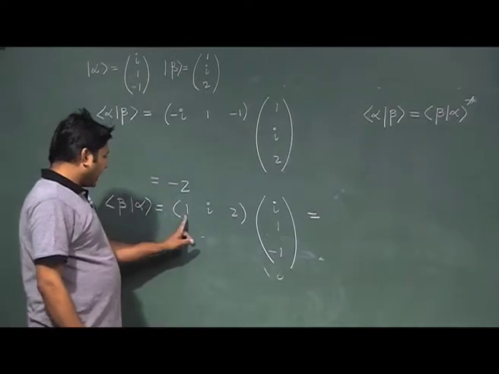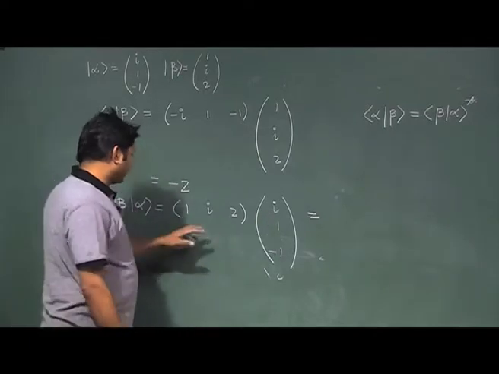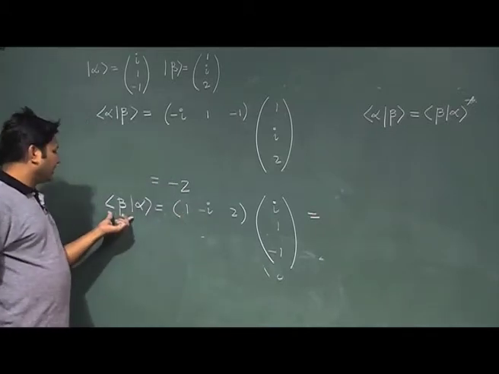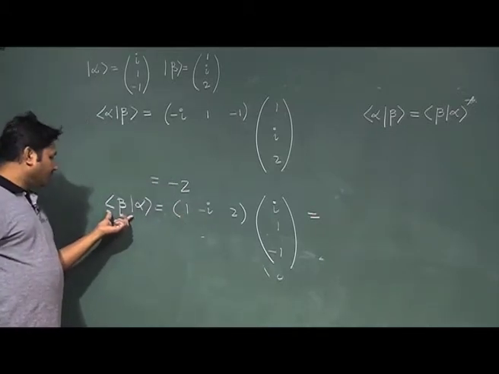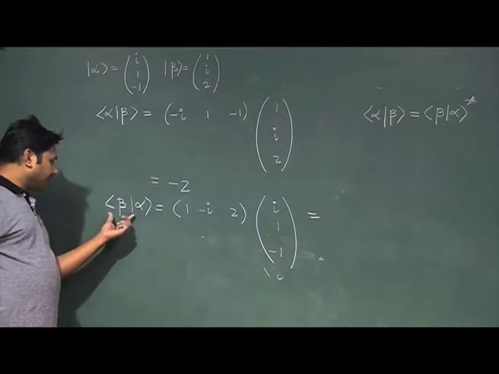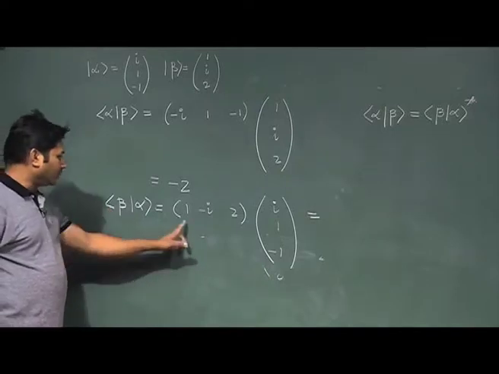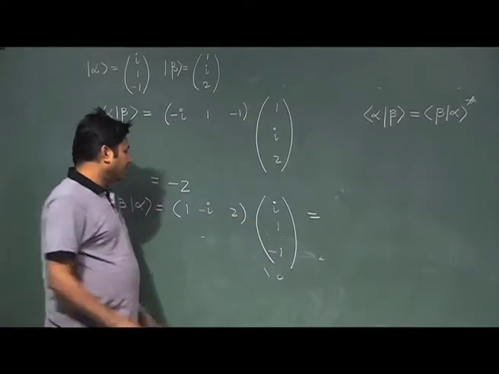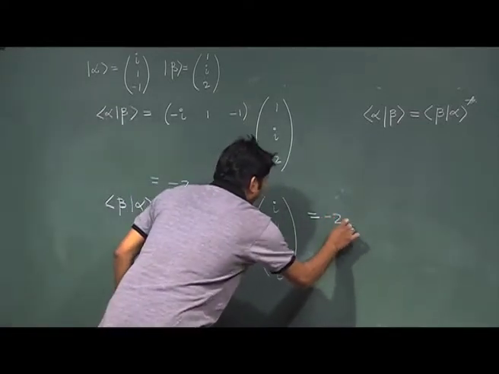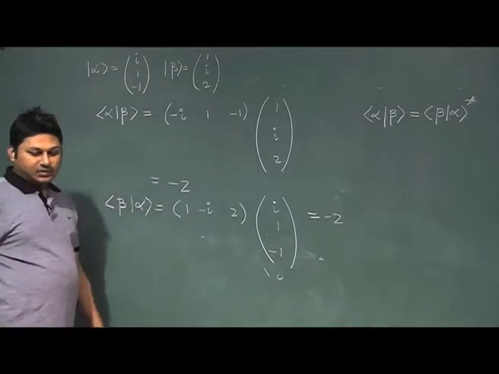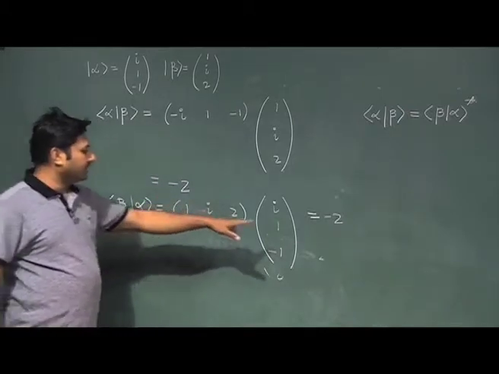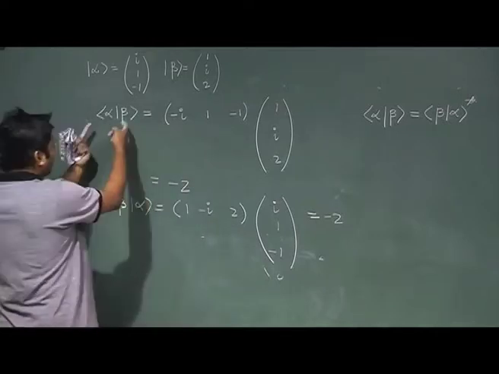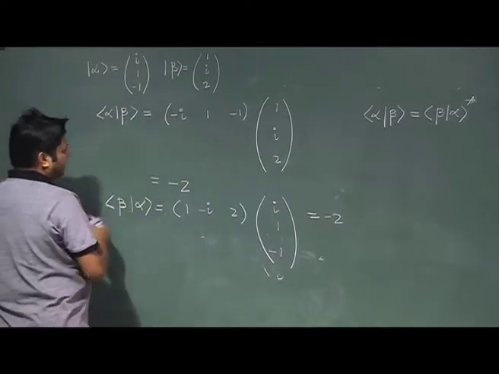When I make the change, there should be a minus i because I am making a dual conjugation of the beta vector, so the coefficient is conjugated. Again I multiply, and it boils down to a value minus 2. So, there will be no change because both are real quantities. That is why <alpha|beta> and <beta|alpha> become the same.